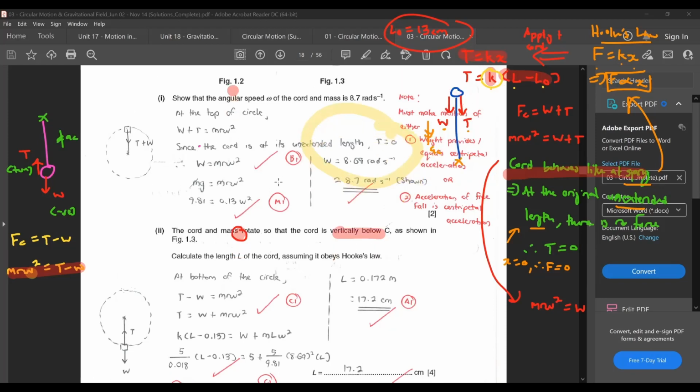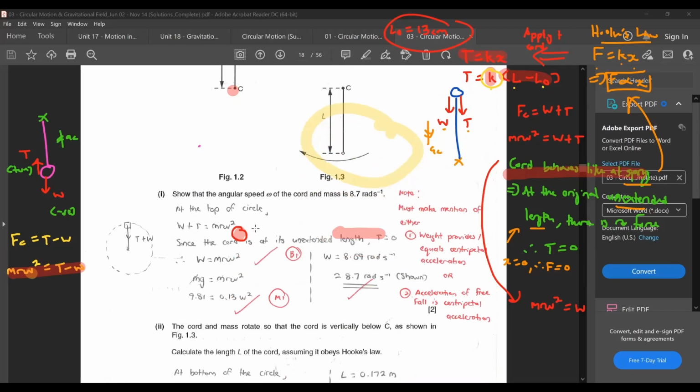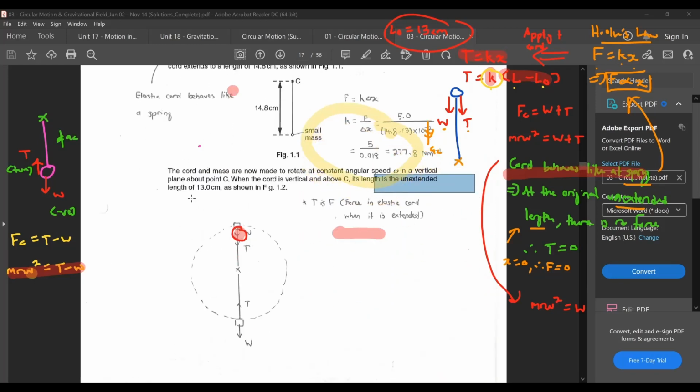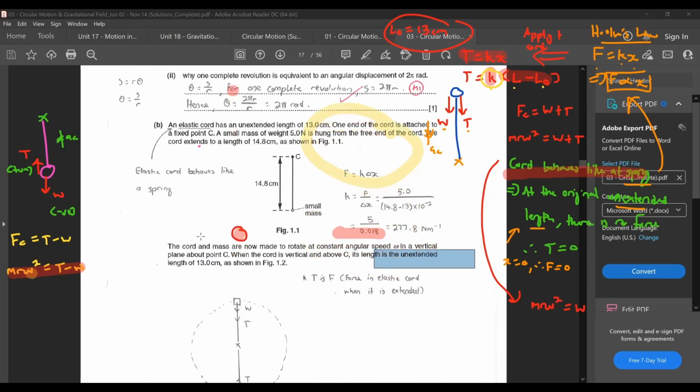So you actually have to backtrack a little to what you read in the first part of the question. In the first part of the question, they've already told you that with no mass, the extended length is 13 centimeter. This one is no load, right? Your length is 13 centimeter.